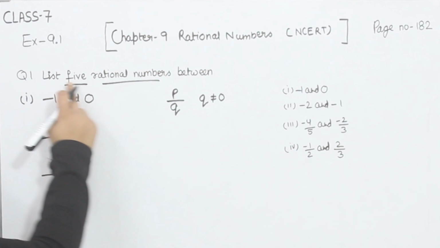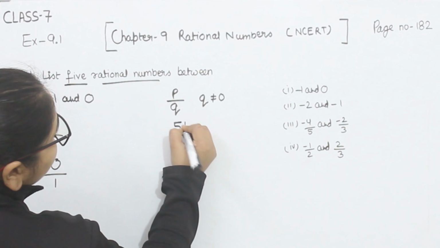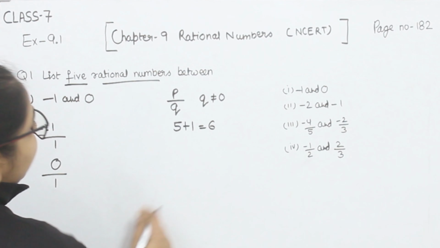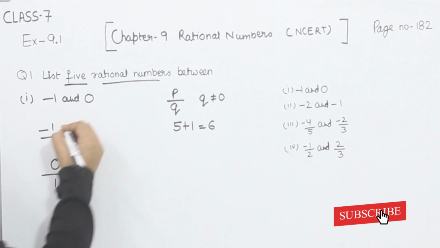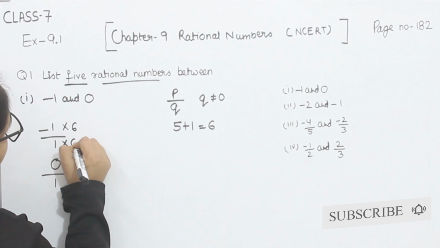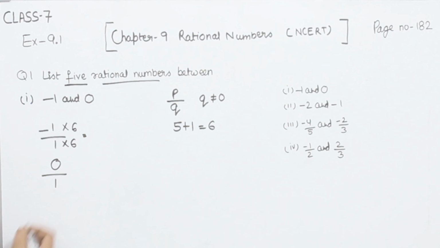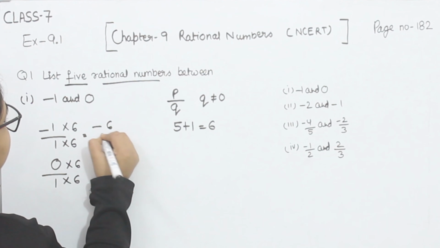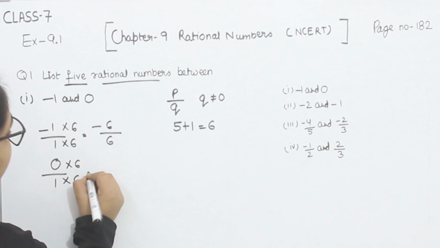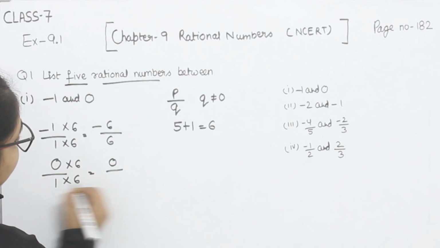Now we need 5 rational numbers, so I am going to multiply the numerator and the denominator, both of them, by 6. So -6, 6 ones are 6, and 0 by 6.